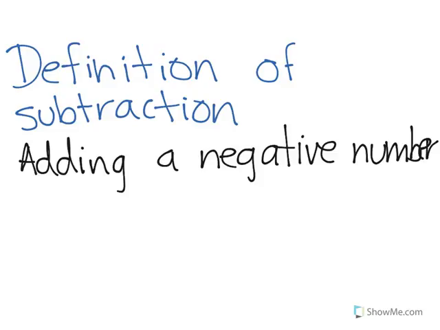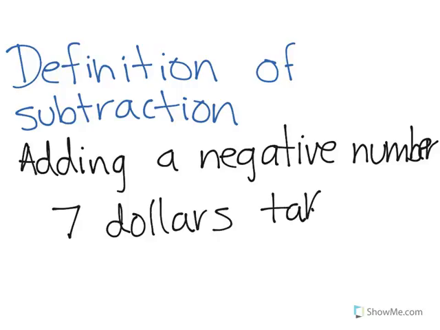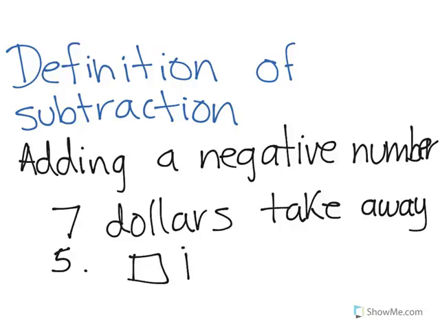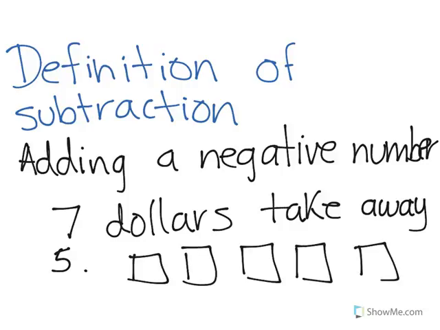So for example, if we have $7, you take away 5. Well, this means that out of your $7, which I'm representing here as little squares, you take away 5.